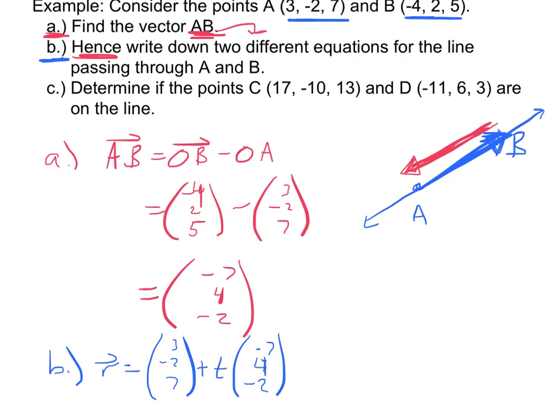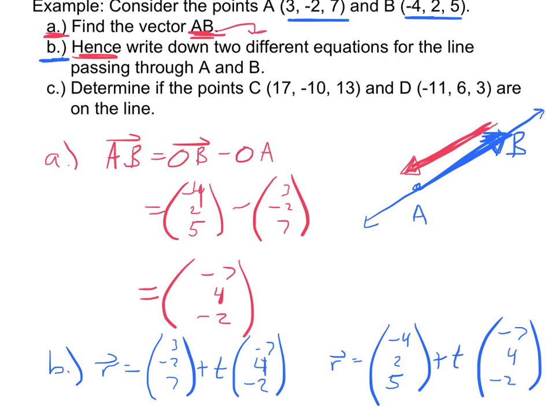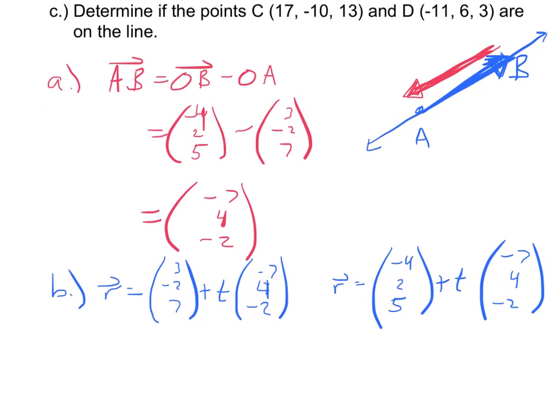And then for my other one, I could say that the point we're going to use is negative 4, 2, 5, plus t times negative 7, 4, negative 2. The idea is in both cases, all I'm doing is writing the position vector of a point on the line with the directional vector. A different point that's on the line with the same directional vector. Either one of those would be correct answers.